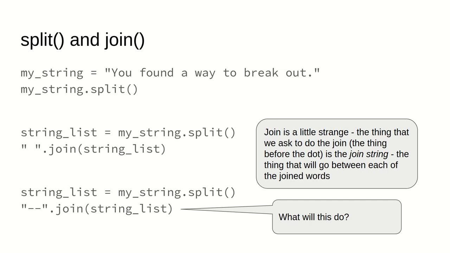So it would say U and then put a double dash as the join character, and then found, and then a double dash, and then A, and so on to rebuild the string, but with these dashes in place of where the spaces were in the original string.